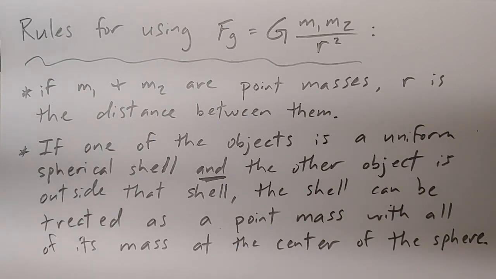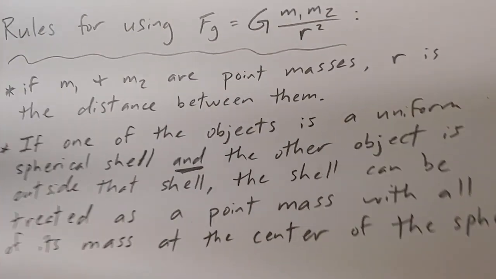Some of you might be thinking, well, wait a minute, this says a spherical shell, and a planet is not actually a spherical shell. It is a solid sphere. That's actually okay. That is our next rule, which is going to explain why that's okay.